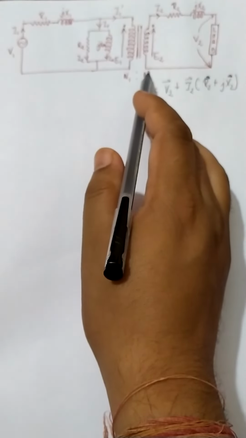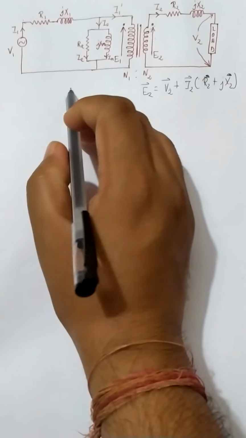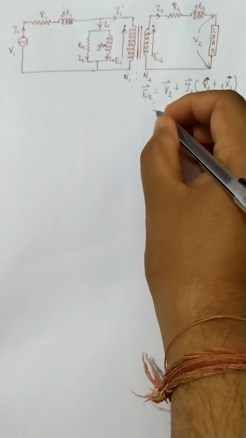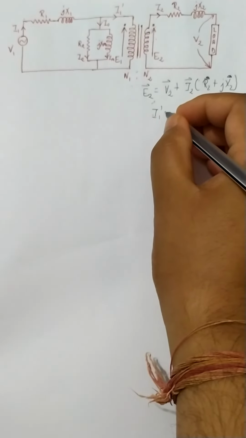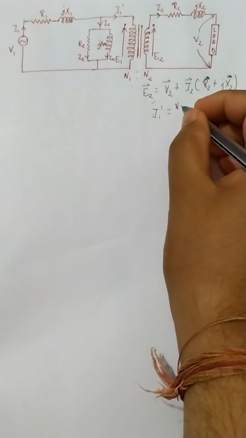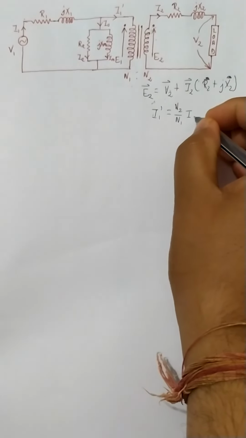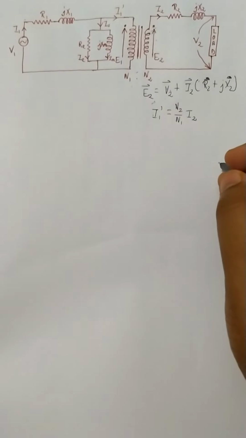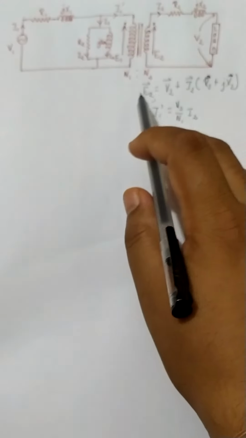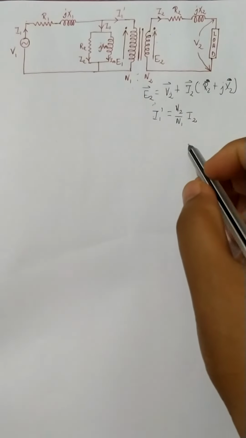Now if I am going towards the primary, we have the transformer. So what can we write? We can write that I1 dash will be equal to N2 by N1 into I2. Why is it? Because for a transformer, the MMF on the primary and secondary side should be equal.